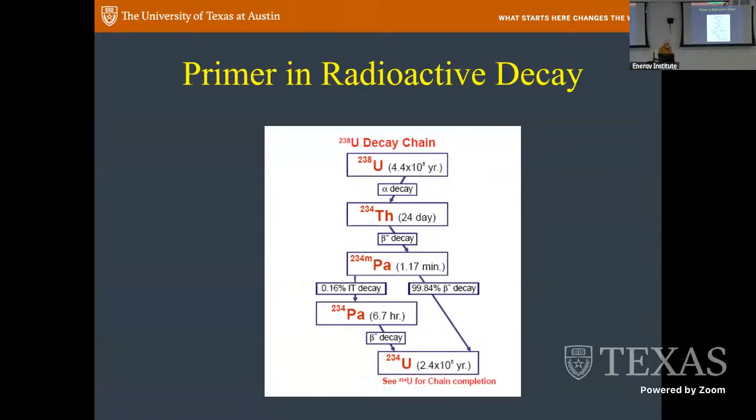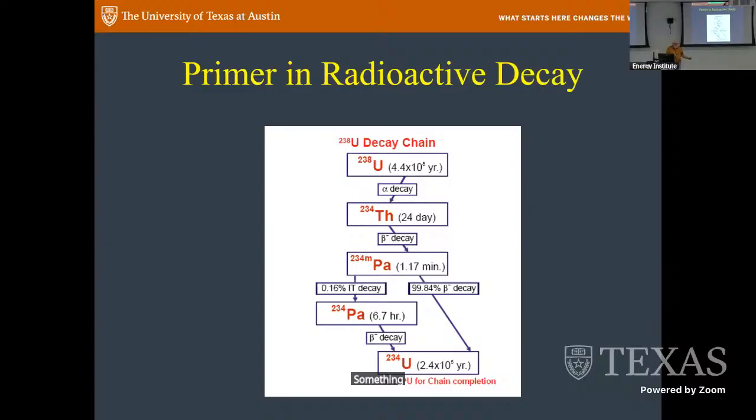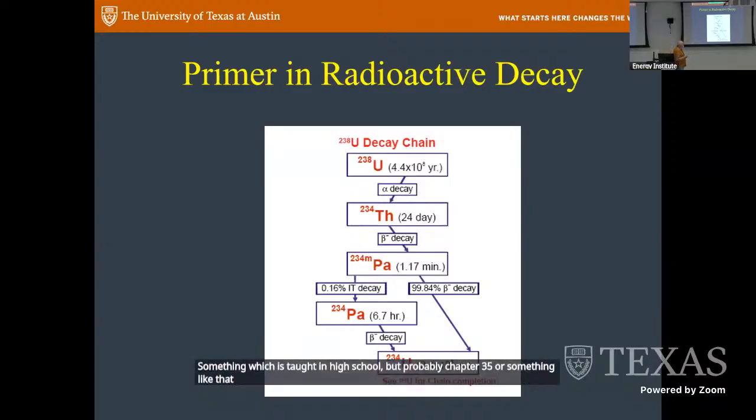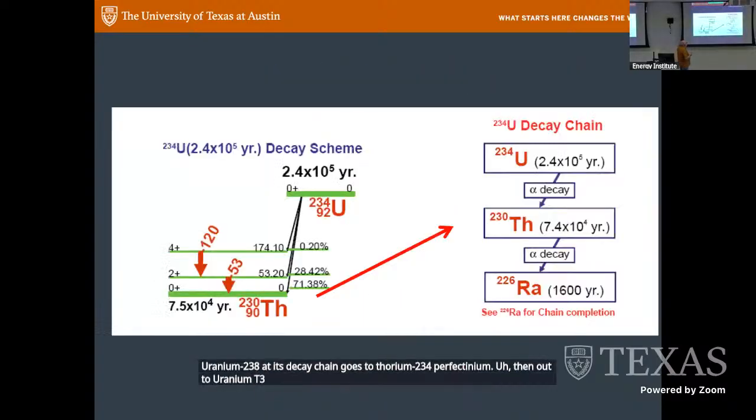So, a little bit of a primer of radioactive decay, something which is taught in high school, but probably chapter 35 or something like that, so no one ever really knows. Uranium-238's decay chain goes to thorium-234, protactinium, then out to uranium-234, and finally it goes out to radium-226.